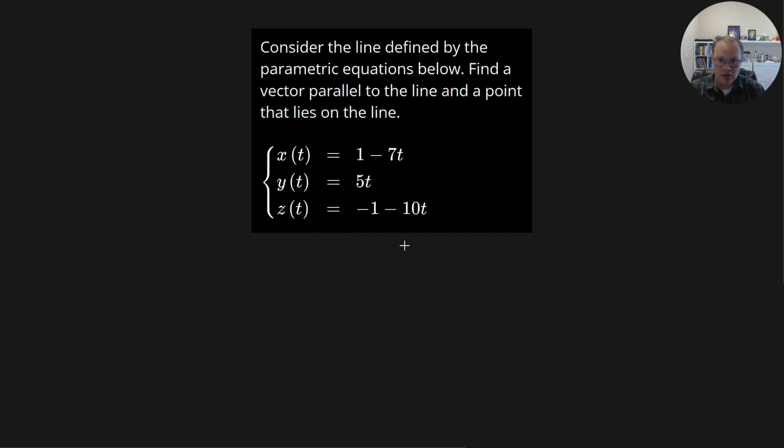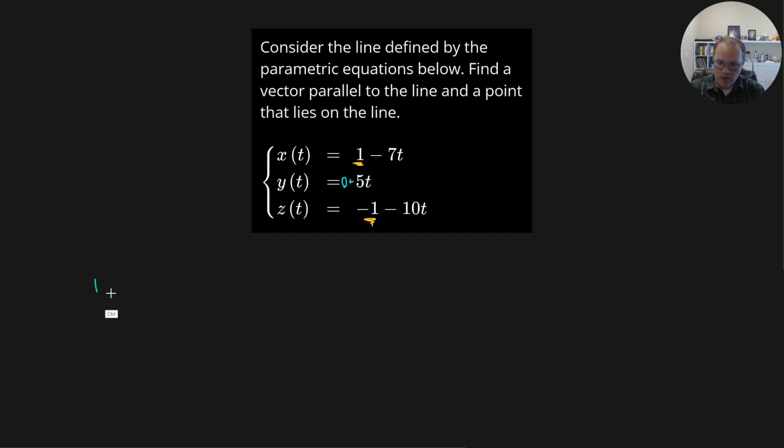So for the point that lies on the line, I want the numbers that aren't being multiplied by t. So for this first equation, it's 1. For the last equation, it's -1. For the y equation, the middle equation, there is no number not being multiplied by t. In that case, I imagine it's a 0, right? There's an invisible 0 there.